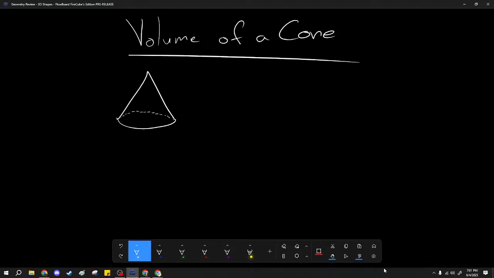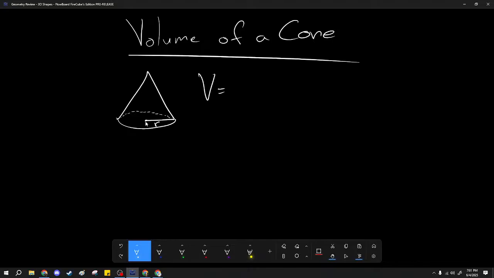The volume of the cone is also relatively straightforward. Let me go ahead and make sure I'm not leading you astray. Great. I'm going to draw a little radius line just like before, and I will describe what we need here. The volume of a cone: how much liquid can this cone fill?